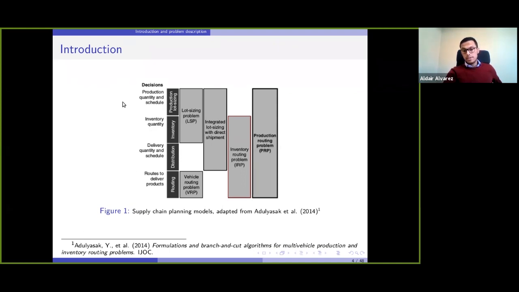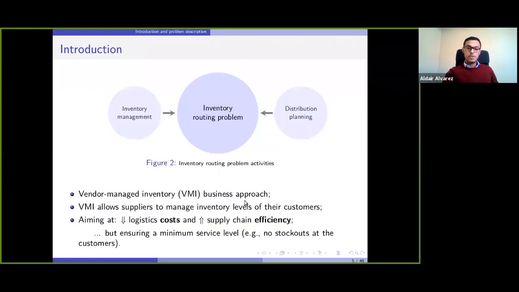In particular, the inventory routing problem, which is the focus of our research here, basically integrates two main activities: on the one hand, the inventory management of a product, and then the distribution planning of that network.